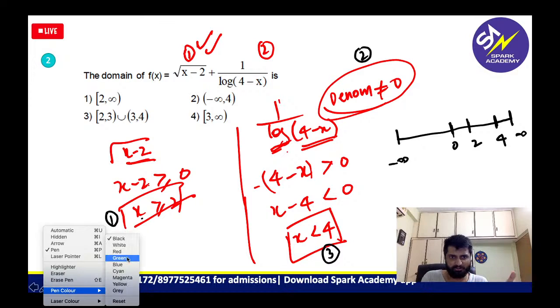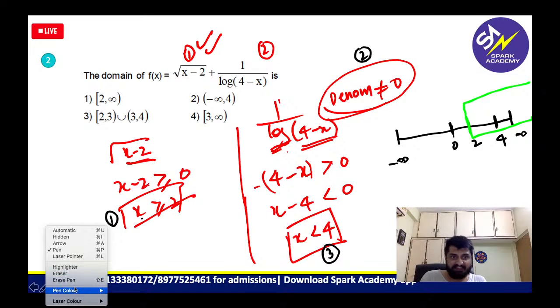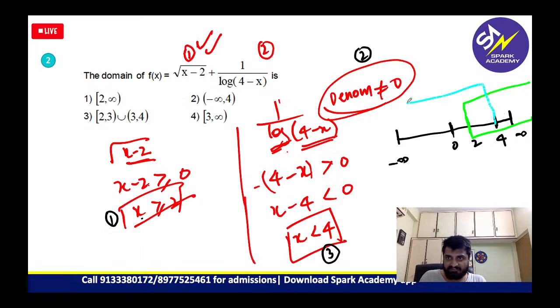So I'll try to use different colors. Greater than or equal to 2 means what? Here, right? Everything to the right of 2. Now, what next? X should be less than 4. X should be less than 4 means what, guys? So this is the 4. Less than 4 means this.